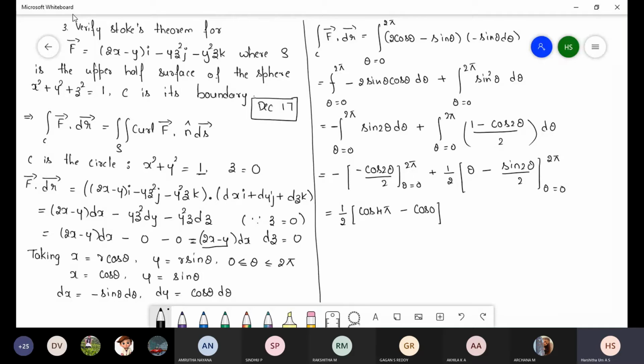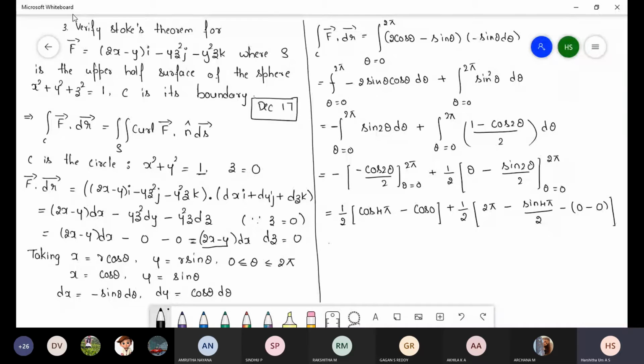Next term is here 1 by 2 outside. Upper limit is 2 pi minus sin 4 pi divided by 2, lower limit minus of 0 minus sin 0, which is 0.